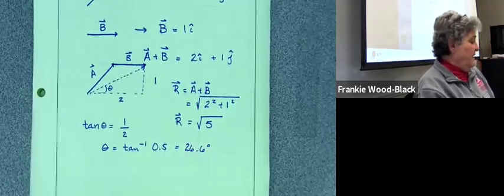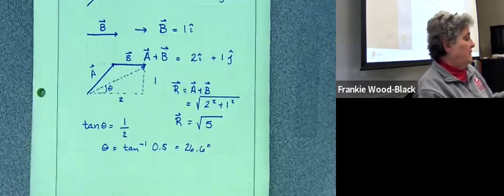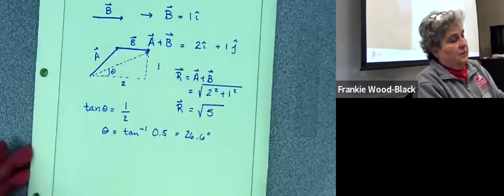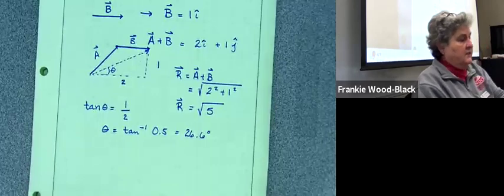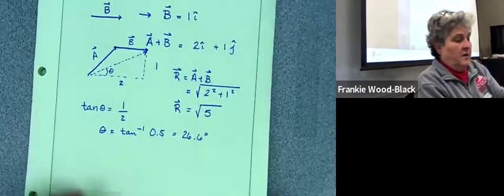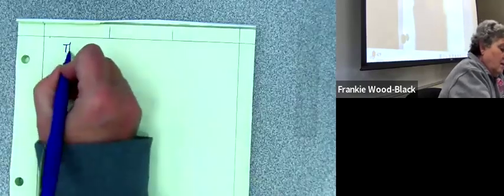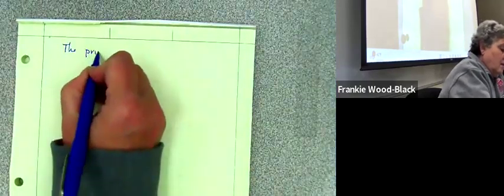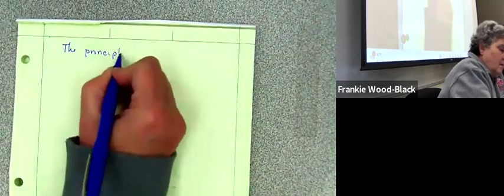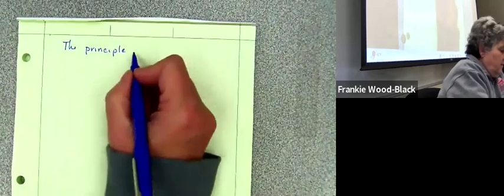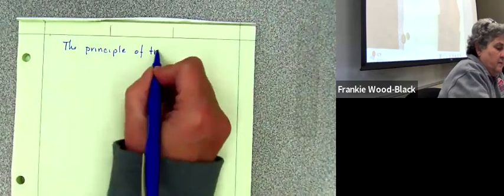So again, nothing new. But we're actually going to look at a couple of things a little differently, because one of the things that we are going to use is the principle of transmissibility.